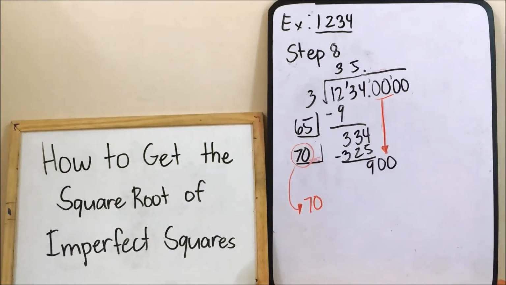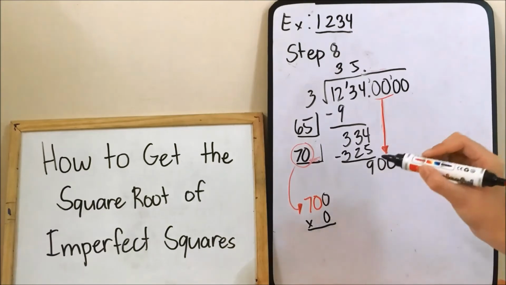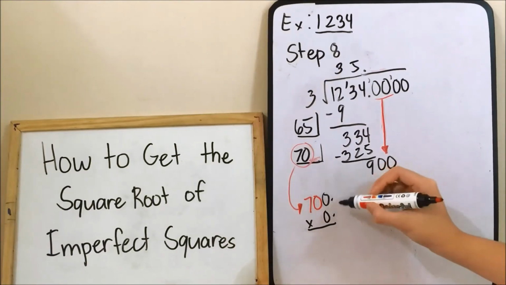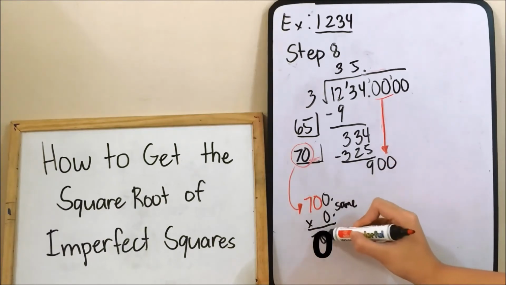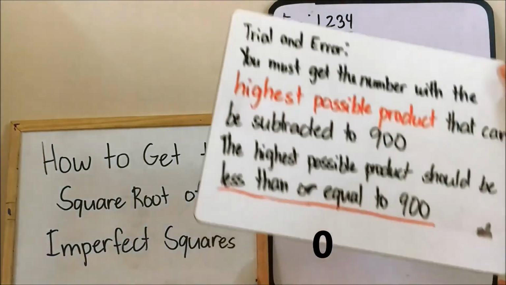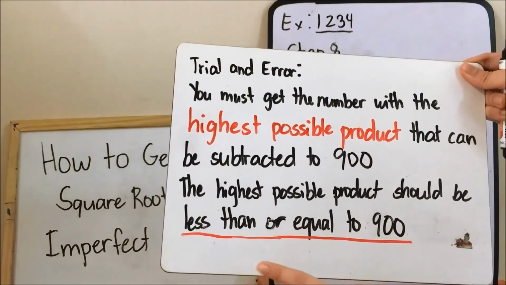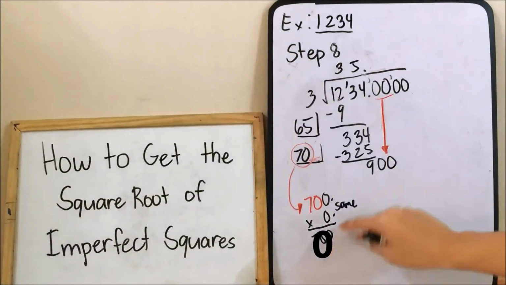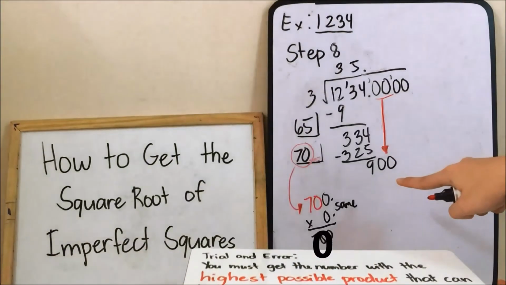So let's try 0. 700 times 0. Remember that the numbers over here on the right must always be the same. So 700 times 0 is equal to 0. It says here in the rules that you must get the highest possible product, and it should be less than or equal to 900. So 0 may not be the highest possible product, but it is less than 900.